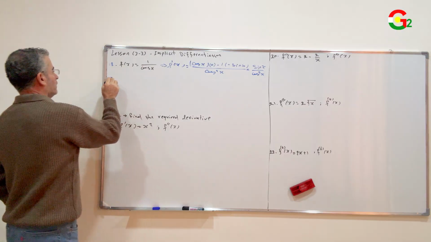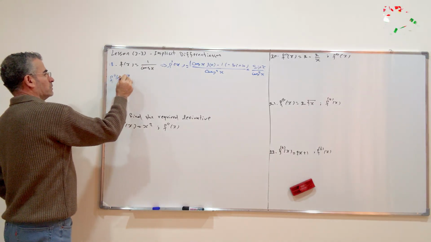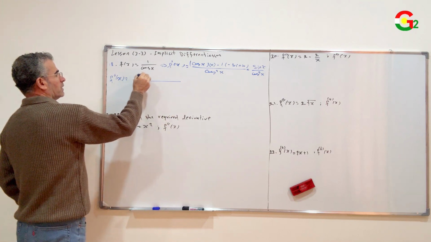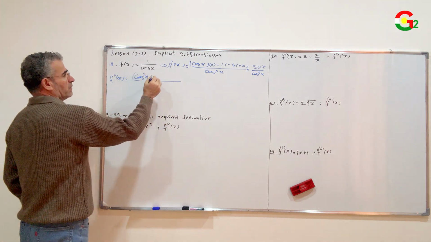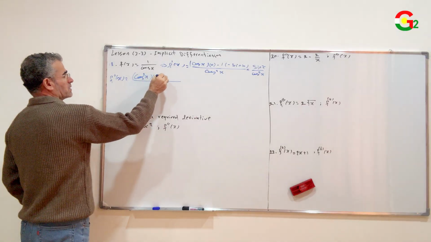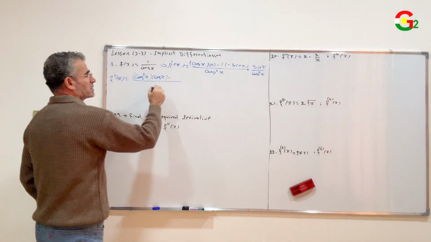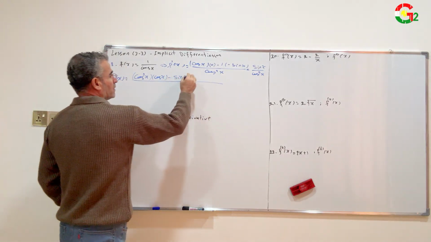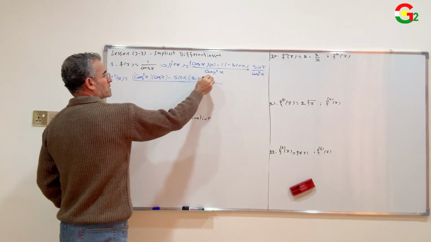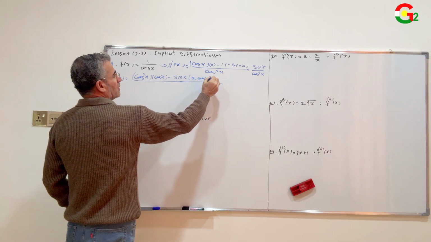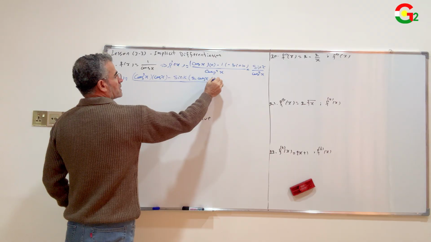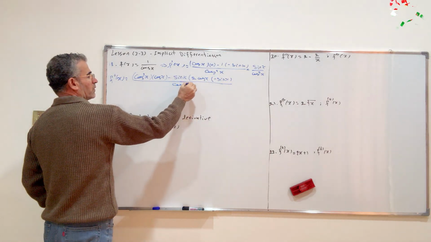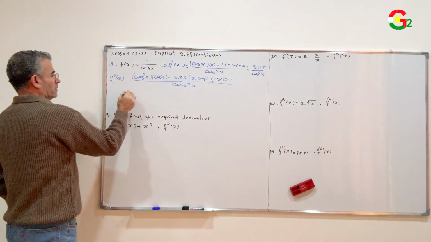The second derivative, f double prime of x, equals the denominator cosine square x times the derivative of the numerator, cosine x, the derivative of sine, minus sine x times the derivative of the denominator, 2 cosine x times negative sine x, over cosine power 4 x.